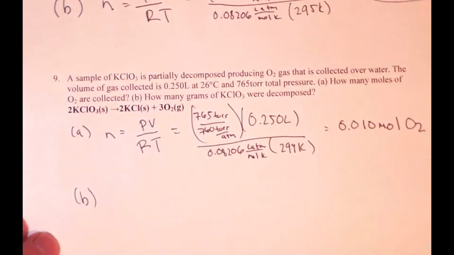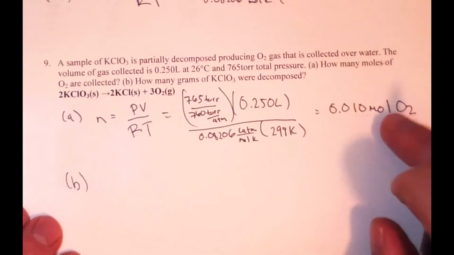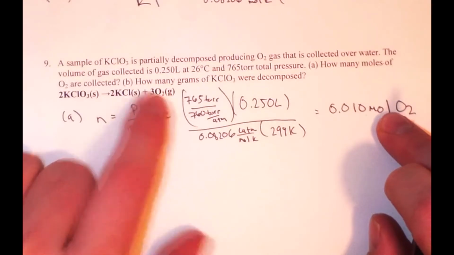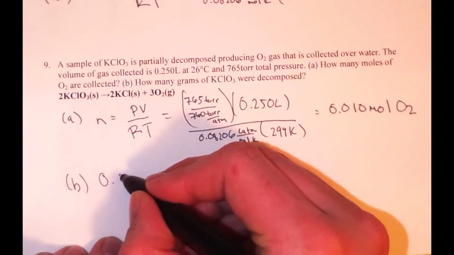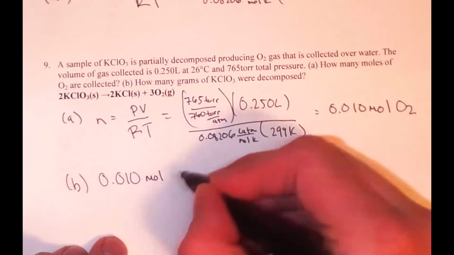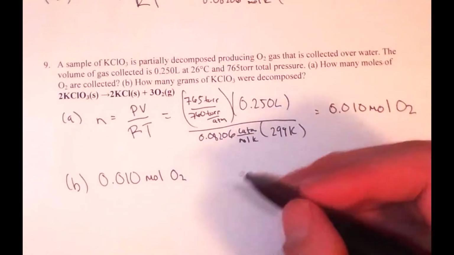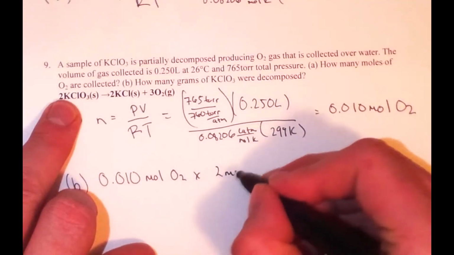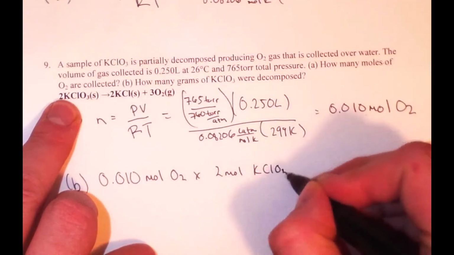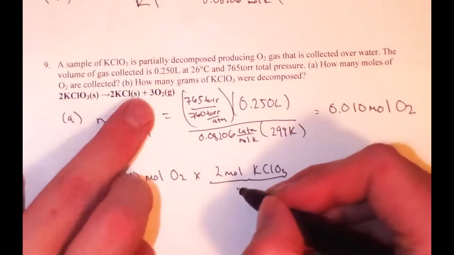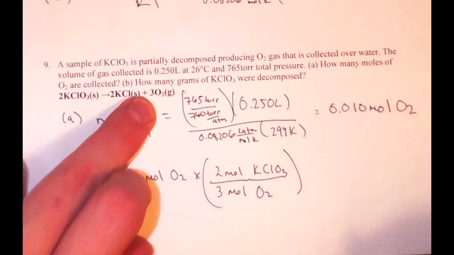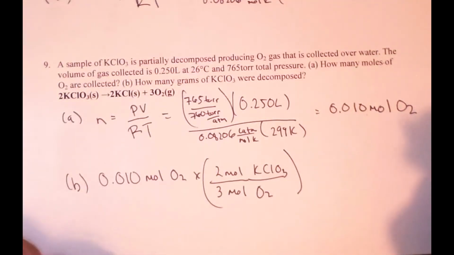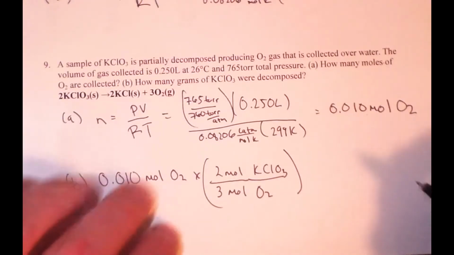For part B, it's not actually a gas equation because I have the amount of oxygen that is produced, so I'm just going to convert that back to potassium chlorate. So 0.010 moles of oxygen. It's 2 moles of the potassium chlorate for every 3 moles of oxygen consumed. So that gets me to potassium chlorate.